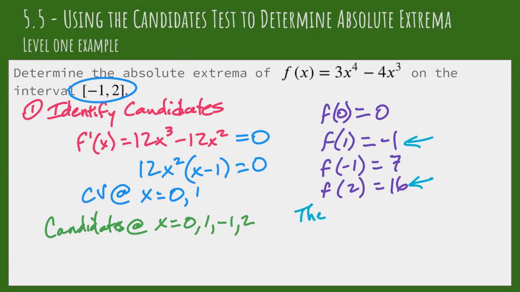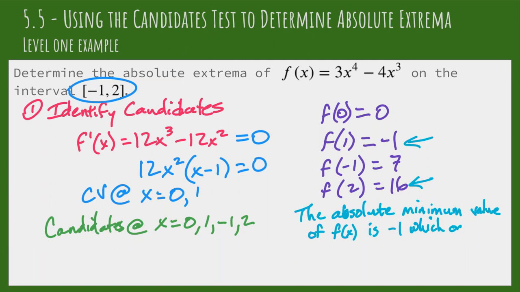So the absolute minimum, start with that. It doesn't really matter which one we do first. Value of f of x is, so the minimum value is the smallest value of the function itself. That's the y value. So that's going to be -1. And that occurs at x equals 1.